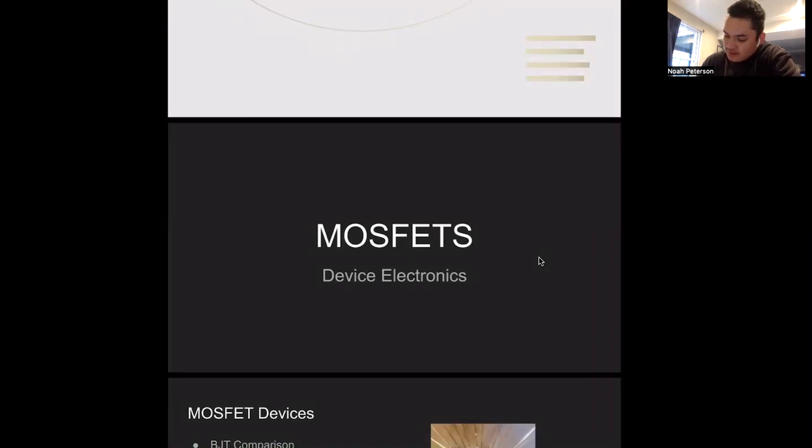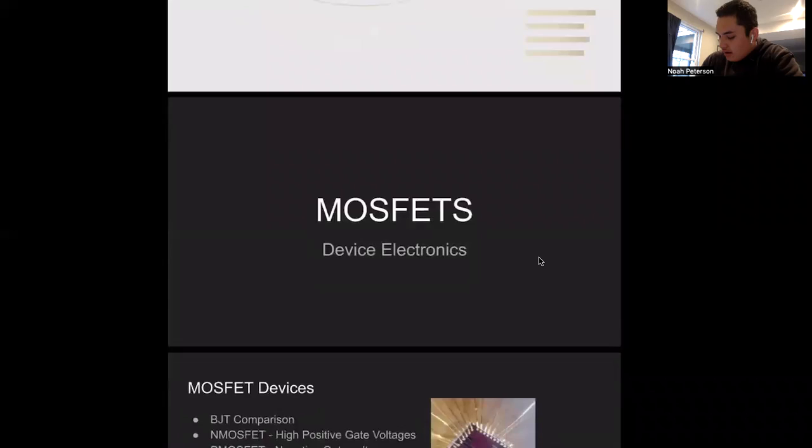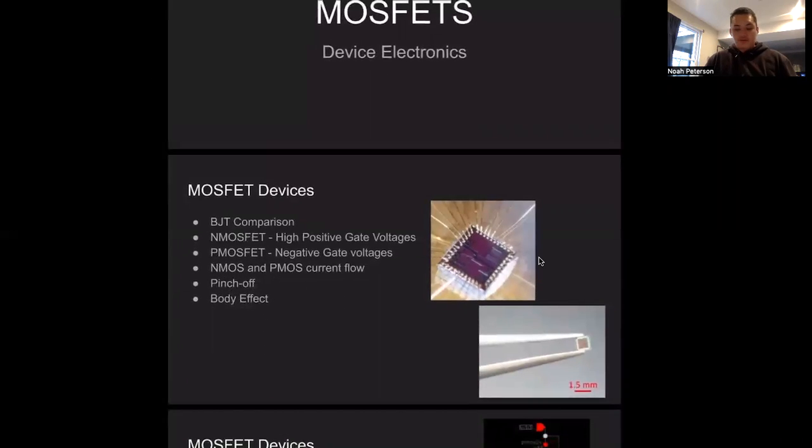So MOSFET stands for metal oxide semiconductor field effect transistor. In comparison to BJTs, which stands for bipolar junction transistors, these are built with simpler fabrication techniques and consume less power than your traditional BJT.